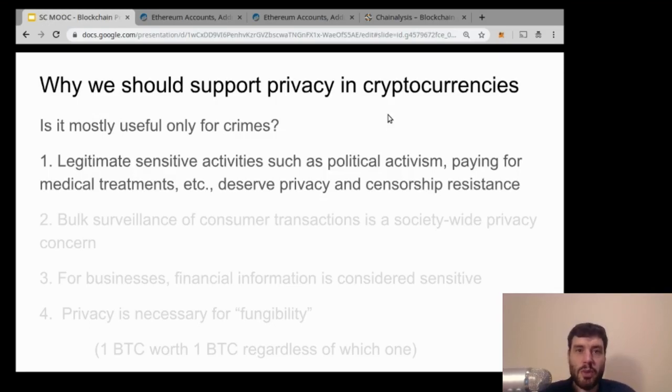So for example, people may be interested in activities that are somewhat sensitive, such as paying for medical treatments, paying for pregnancy tests, engaging in political activism, or donating to a political organization. And in these cases, you may be interested in having censorship resistance, avoiding being associated with these activities in a public way for fear of persecution or backlash.